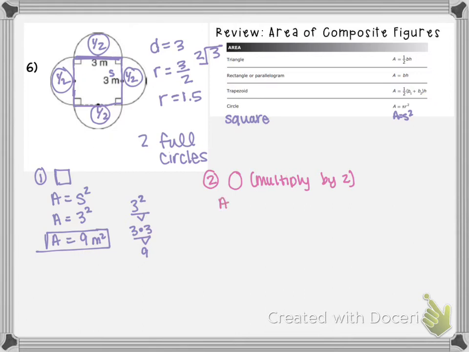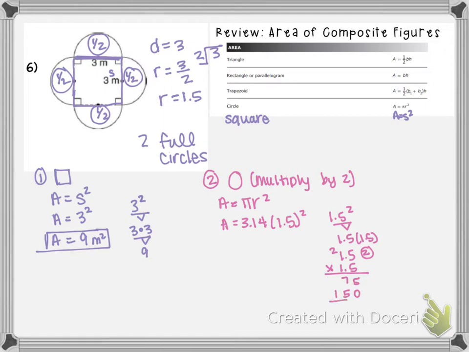Okay, so area equals pi r squared. Area equals 3.14 times our radius of 1.5 squared. Radius of 1.5 squared means 1.5 times 1.5. Okay, so let's set this up. 1.5 times 1.5. That's 2 numbers to the right of the decimal. 5 times 5 is 25. 5 times 1 is 5 plus 2 is 7. 0. 5 times 1 is 5 and 1 times 1 is 1. 5. 7 plus 5 is 12.